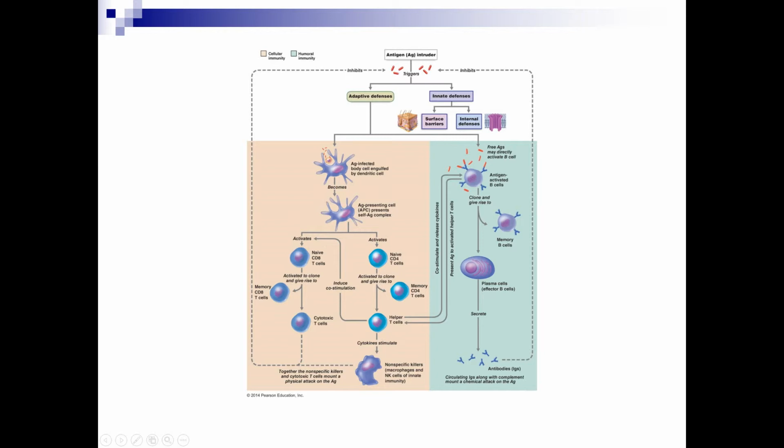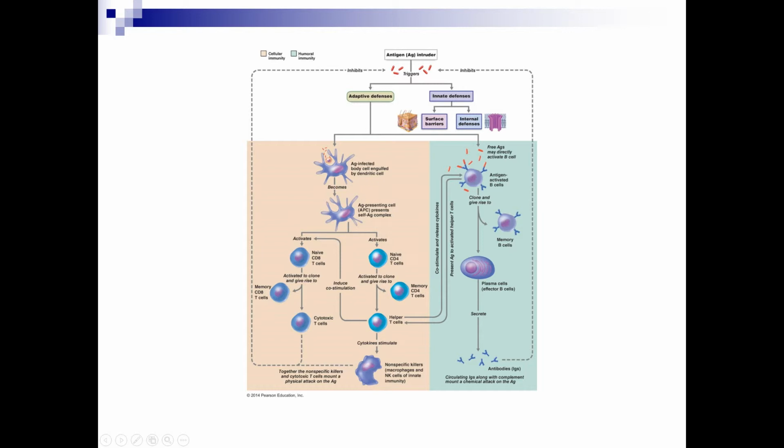So here we have a macrophage engulfing the antigen and then presenting it on its cell surface, that then activates the naive CD4 cells, and then they go through their clonal expansion, and then they send their little chemicals, their co-stimulatory chemicals, cytokines, over here to activate the B cells, or they send their little chemicals over here to activate the CD8 cell.